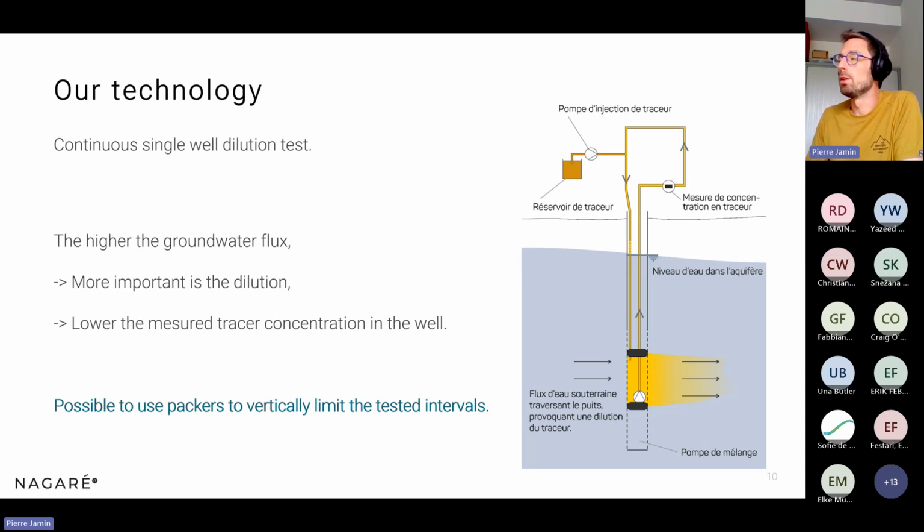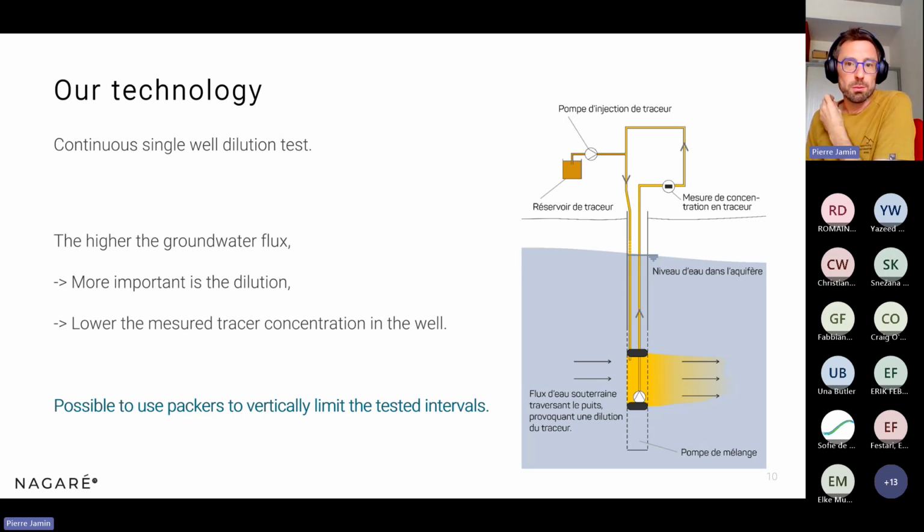For example, we already used that technique in a fractured aquifer a few years ago to quantify very precisely the groundwater fluxes in a specific fracture that had been identified previously by camera logging inspections. So it is something that we can do.